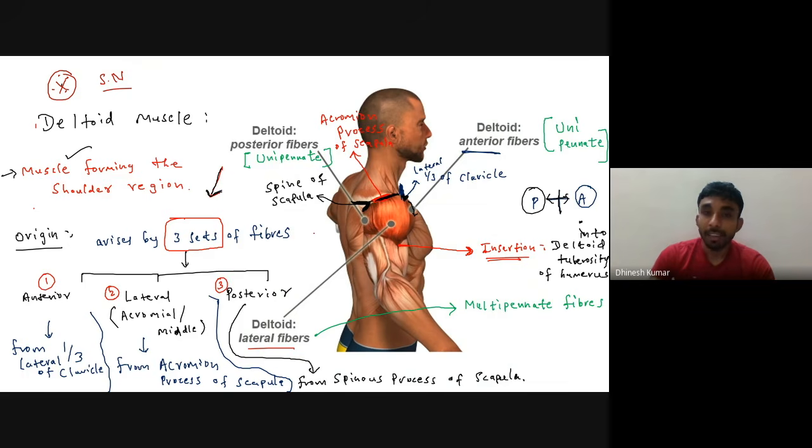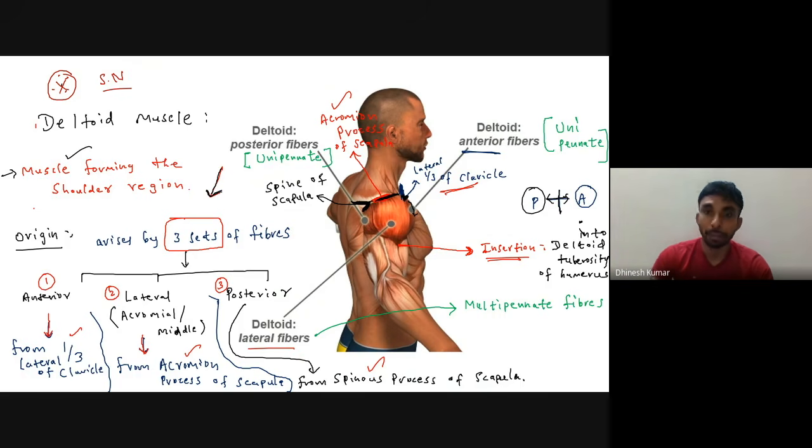So what is the site of origin of all the three sets of fibers? Anterior fibers arise from the lateral 1/3 of the clavicle bone. Acromial fibers are named because they arise from the acromion process of the scapula. And the posterior fibers arise from the spine or spinous process of scapula.